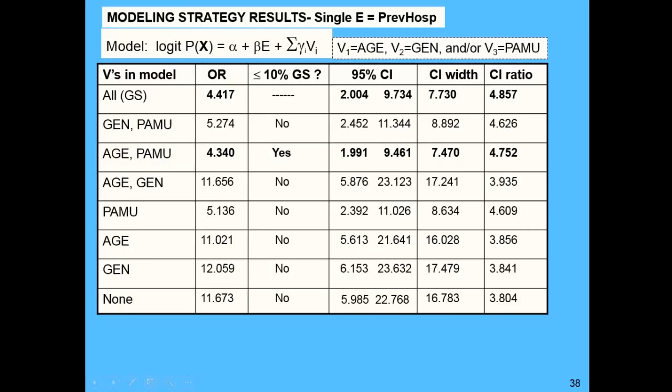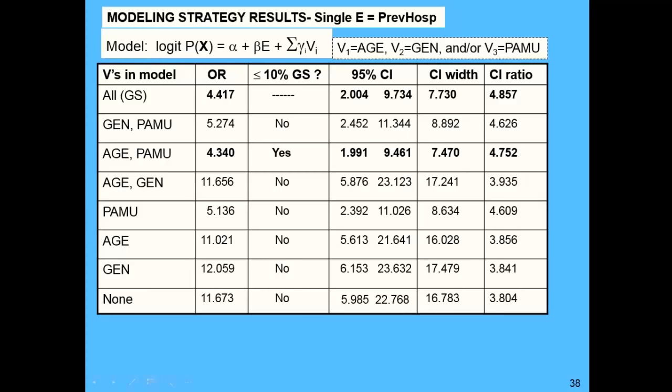We could look at either the confidence interval width or the confidence interval ratio. When you're dealing with a logistic model and a ratio measure of effect like an odds ratio, the usual way to decide on precision is using the confidence interval ratio, which is the highest value in the confidence interval divided by the lowest value.